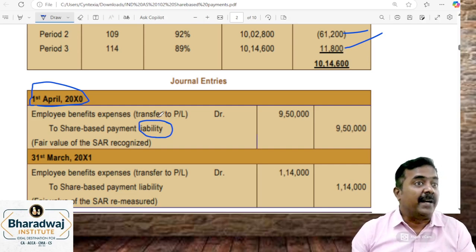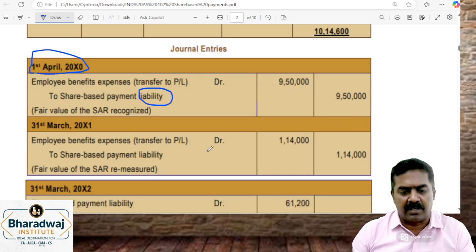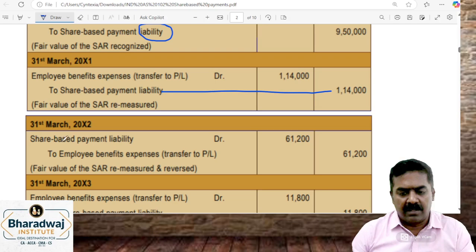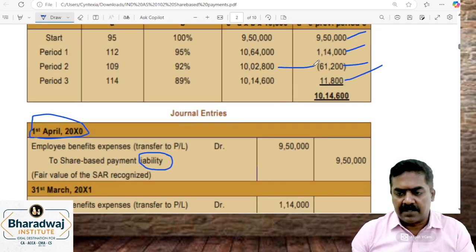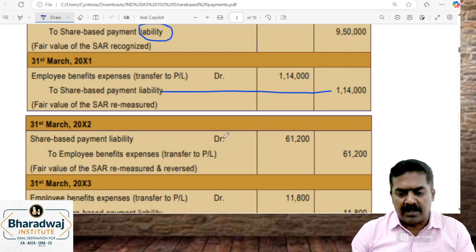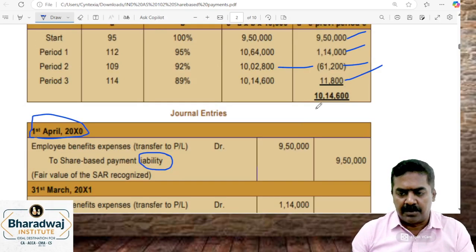The amount has to be paid in cash. So share based payment, which one? Liability 95,000. Additional share based payment liability at the end of the first year is how much? 1,14,000. Then second year we reverse. How much we reverse? 61,200. Liability reduces by 61,200, transfer to P&L account. Third year additional provision 11,800 we create. Then employees exercise the option. How much you have to pay?